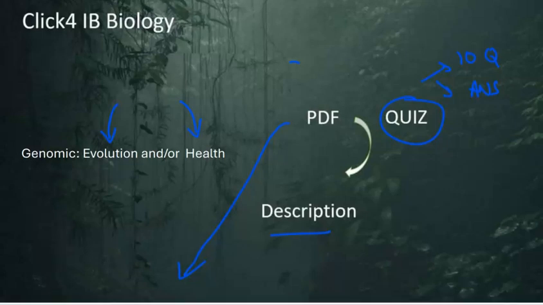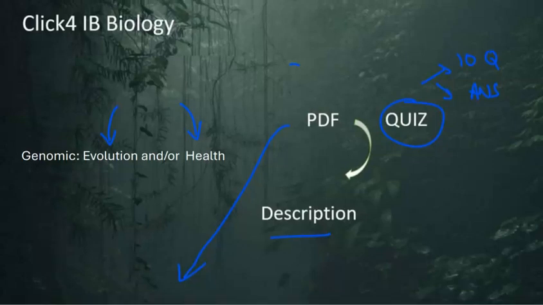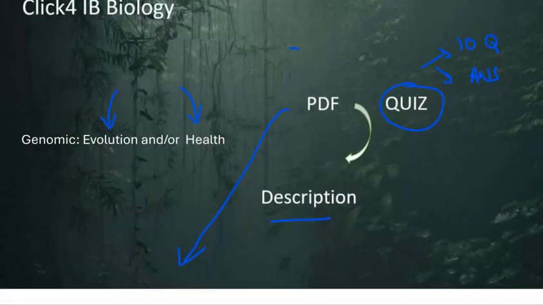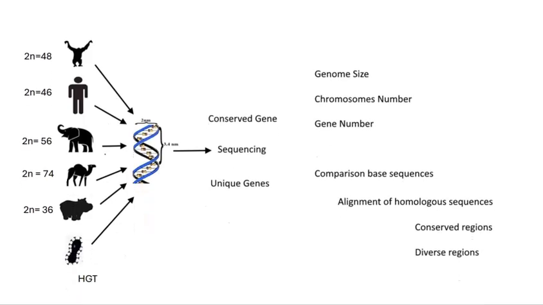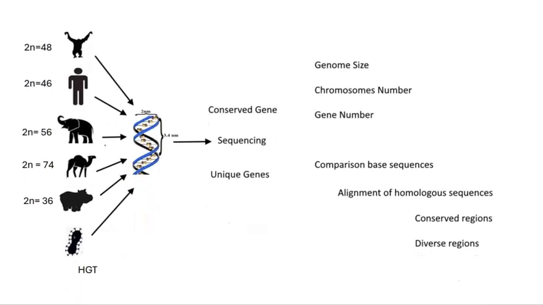So let's get into the use of genomics in establishing evolutionary relationships and then take a look at the health application. Diagrammatically on the left-hand side here, I'm implying that there's a variety of species, a small selection, and we can see immediately that the diploid number is different from one another.